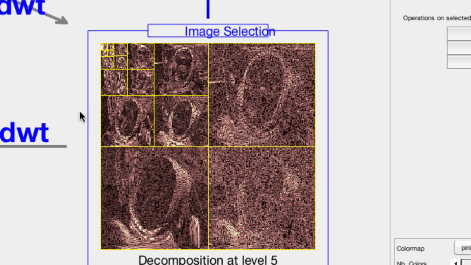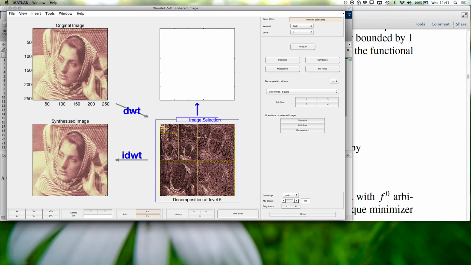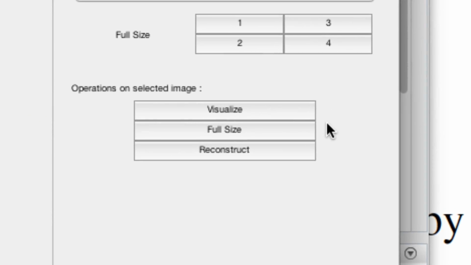Can you omit some of the levels? For example, what if you omit the most left, most corner one, the low pass? I would love to do that, but somehow I think it's a resolution thing. In the Wavelet toolbox, it should be possible to click one of these images and then either show that part or reconstruct only that one.